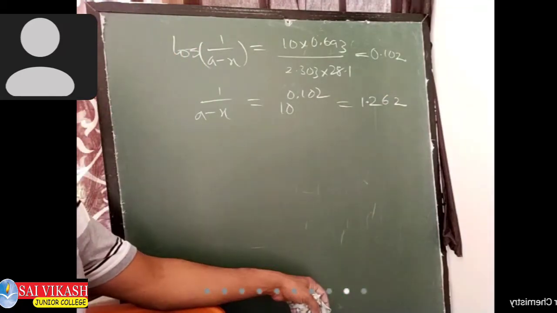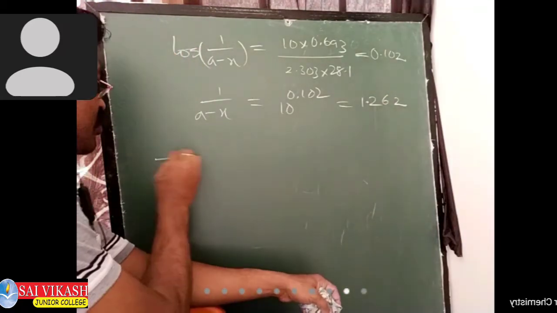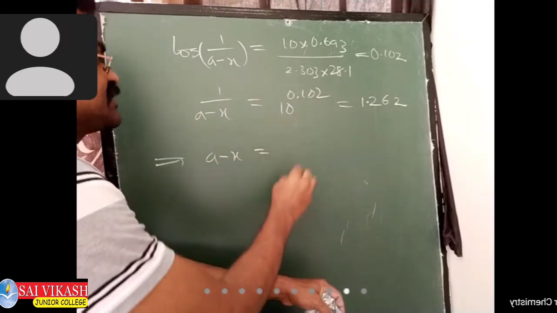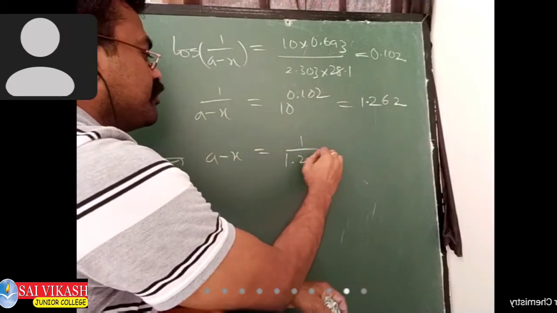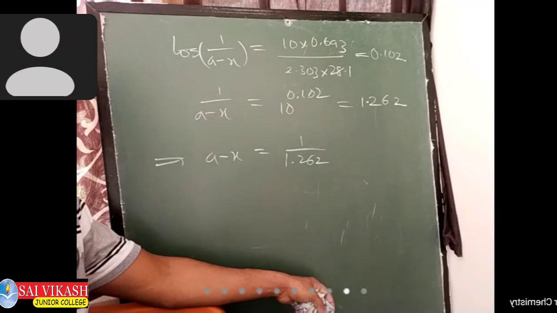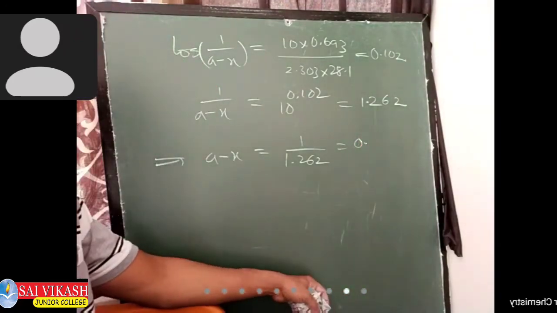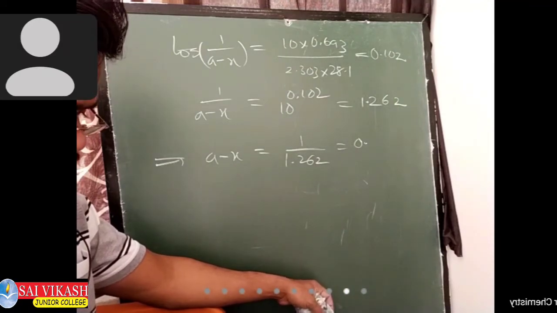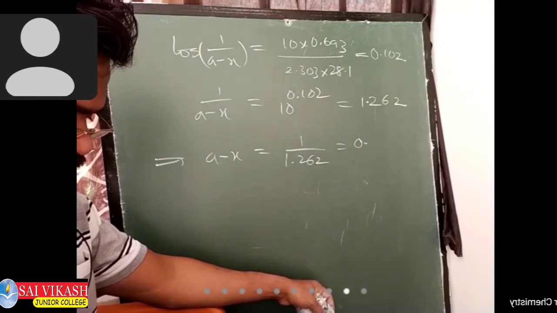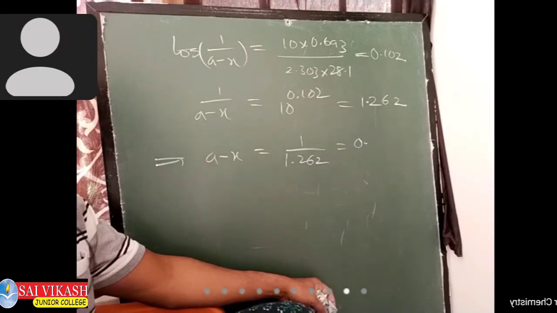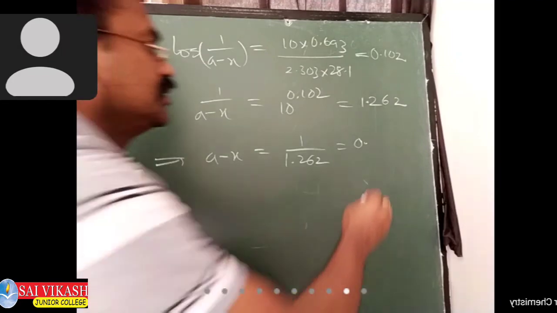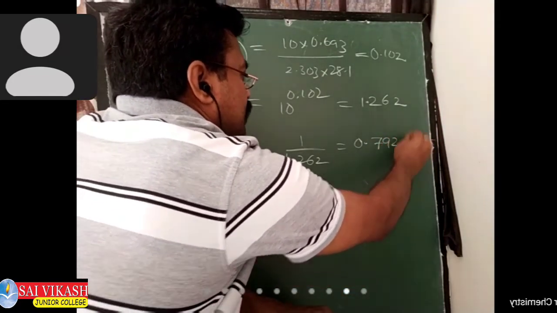1.262 is this one. But we want A minus X. So A minus X is equal to 1 by 1.262. Tell me how much 1 by 1.262 value is. 0.792 microgram.